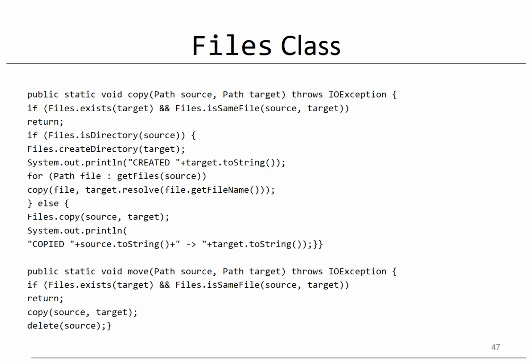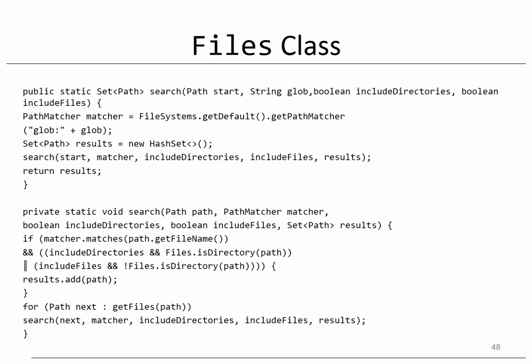The copy method can be defined in a similar way as you can see here. The move method just reuses the copy and delete methods. The search method uses a PathMatcher object to match a file name to a provided input string.